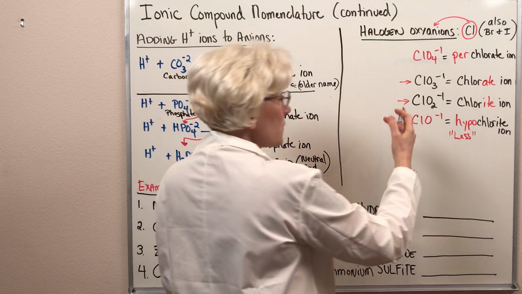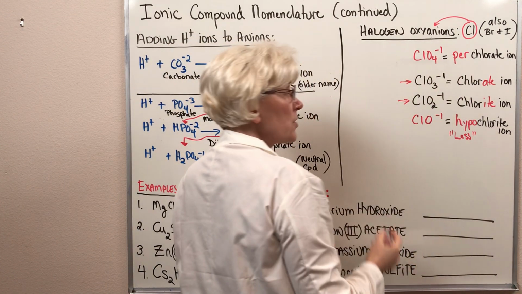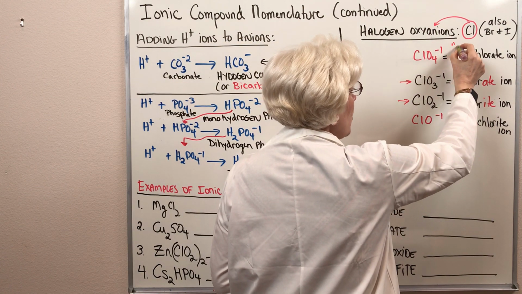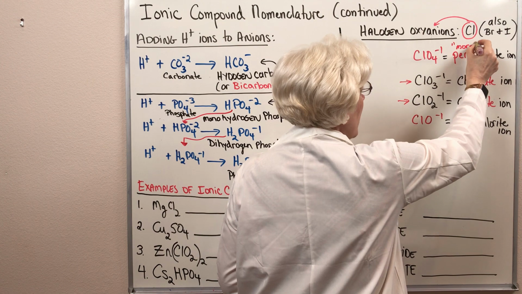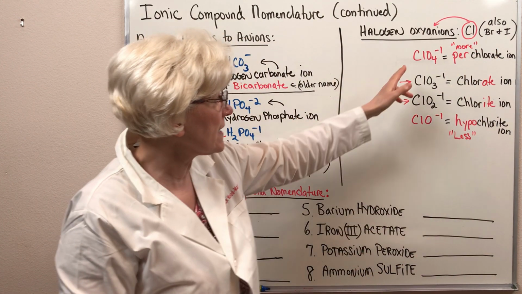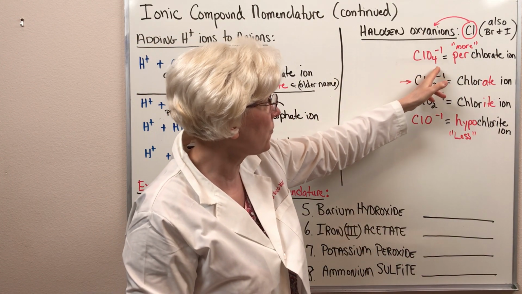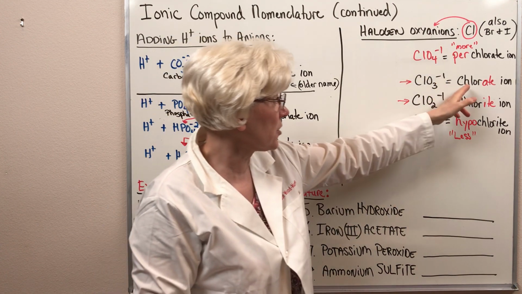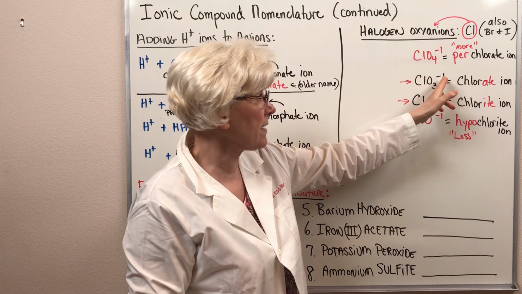With that same sort of reasoning, we can go to the prefix per, which means more than or greater, above, and we see that the formula ClO4-1 has 1 more oxygen atom than chlorate has, with the same charge.